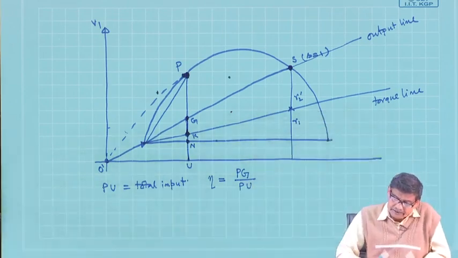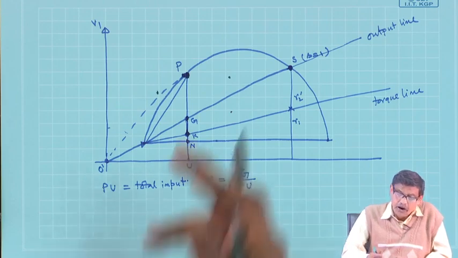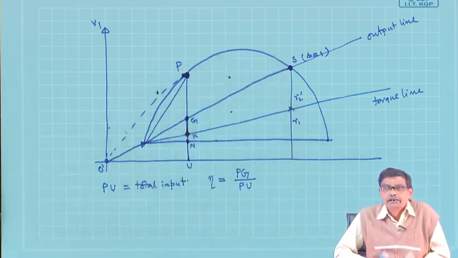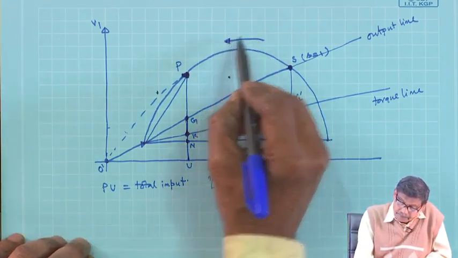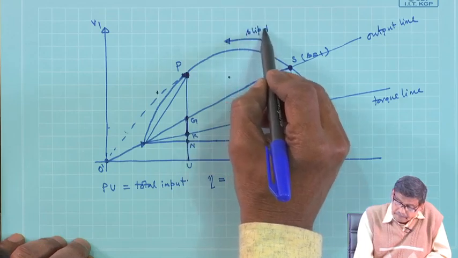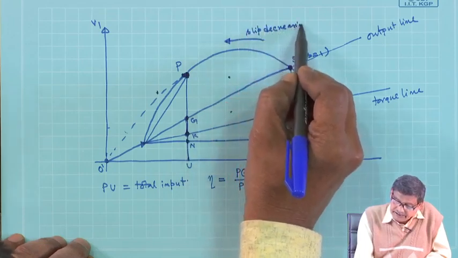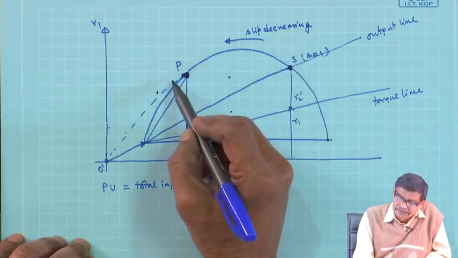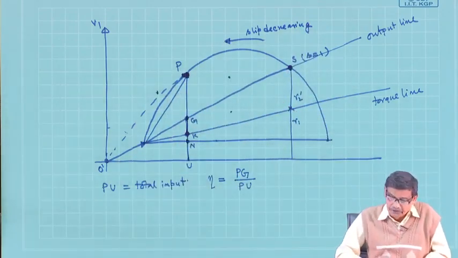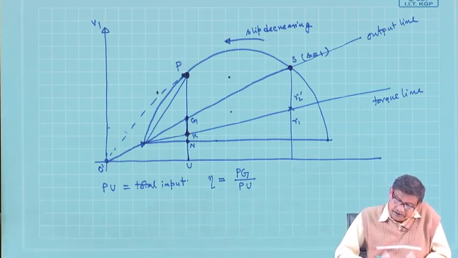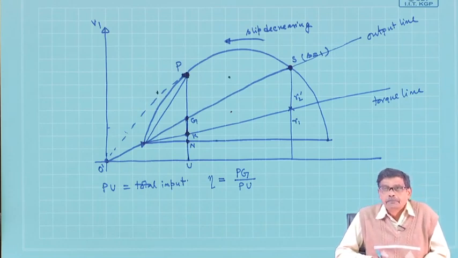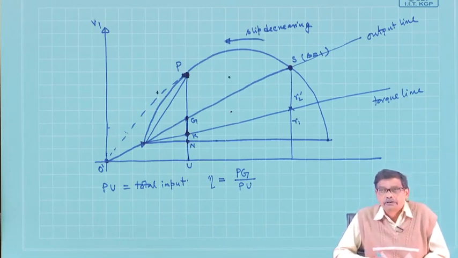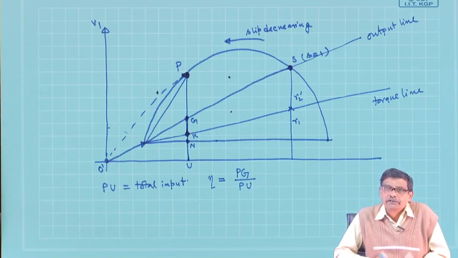Suppose somebody says, what will be the operating point corresponding to, mind you, slip is decreasing this way. Slip is highest at the starting point, then it is decreasing, going towards full load slip, which is very small. Now, suppose somebody asks me what should be the operating point corresponding to maximum torque the motor has produced, then what you have to do?